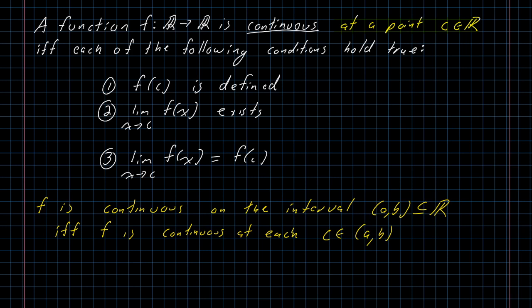So it's, in a sense, a very natural extension. What does it mean to be continuous on an interval? Well, we take this definition of continuous at a point and we apply that definition at literally every point in the interval. If we can do that, we are continuous on the interval.